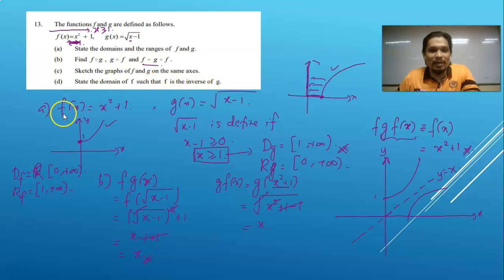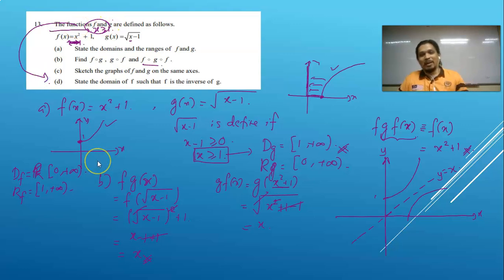So the domain of f is 0 to positive infinity. This part is actually question D. I'm sorry, I explained it too early, not according to the question. But this is it.